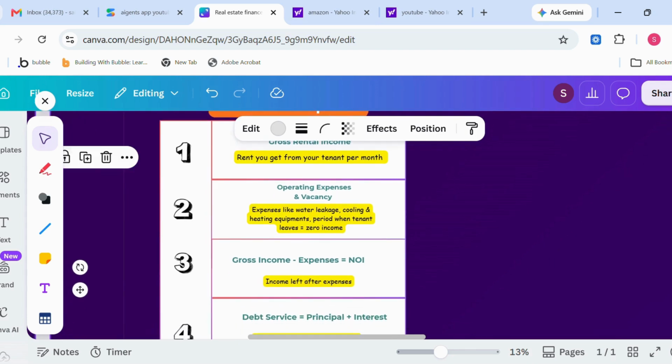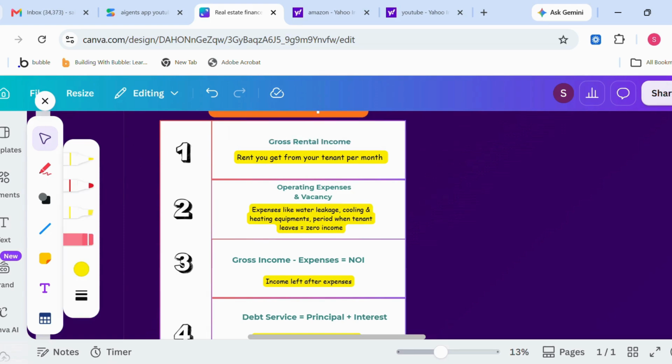Then you subtract those expenses from the gross income, and what you get is the net operating income. This is the income left after expenses. Simple, right?